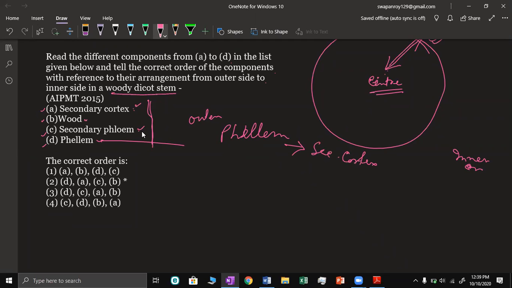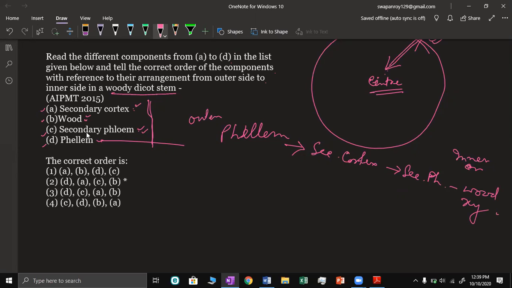After that it will be phloem tissue, secondary phloem, and on the inner side it will be wood, that is the xylem. So what will be our sequence?